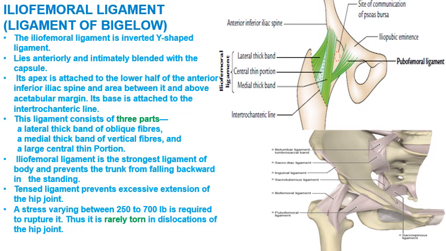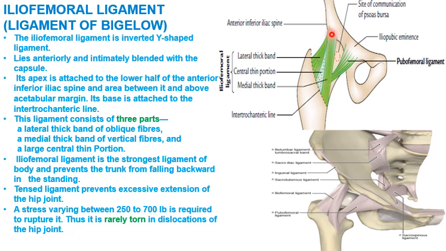Iliofemoral ligament, which is also called the ligament of Bigelow. It is one of the strongest ligaments. It strengthens the fibrous capsule anteriorly as it blends intimately with the fibrous capsule. So this is the iliofemoral ligament, which is triangular in shape, an inverted Y shape.